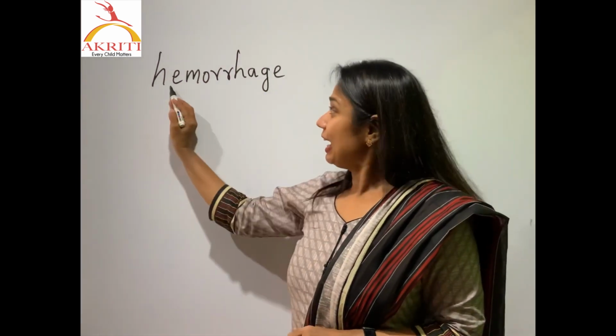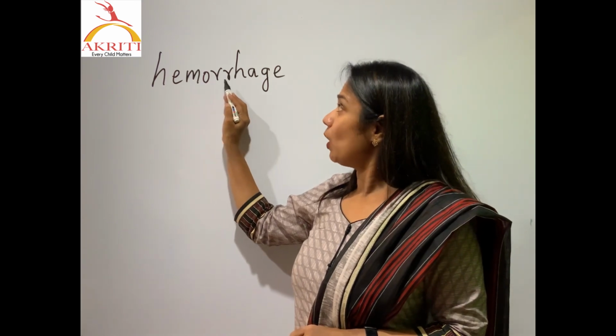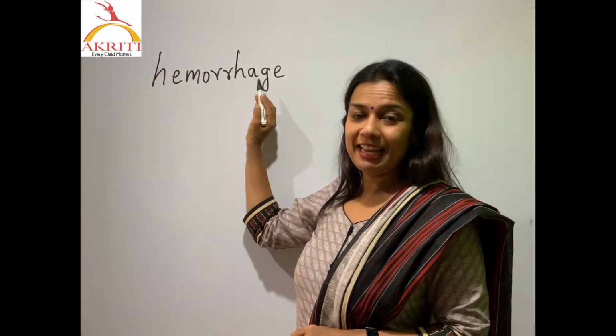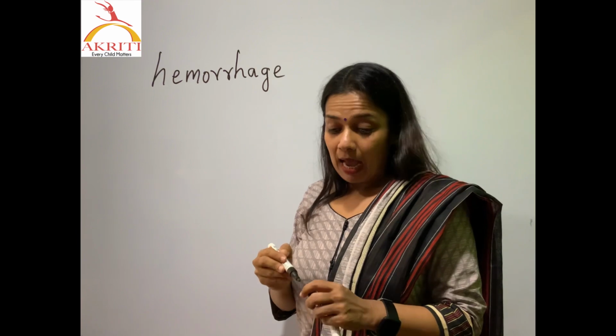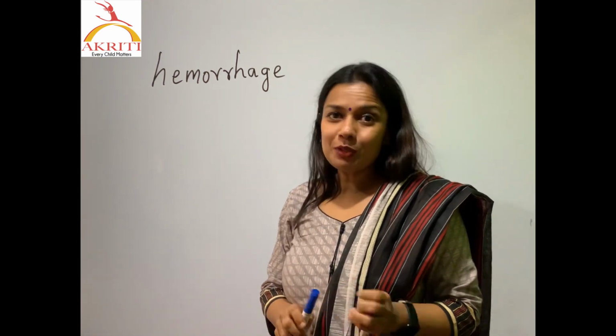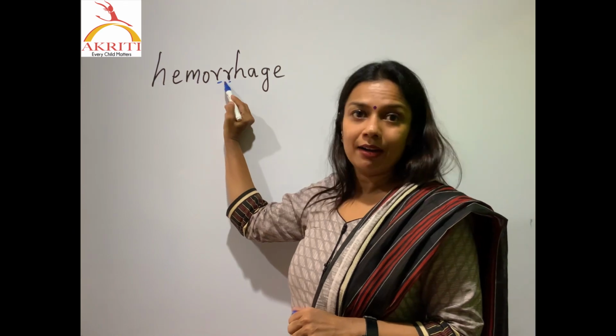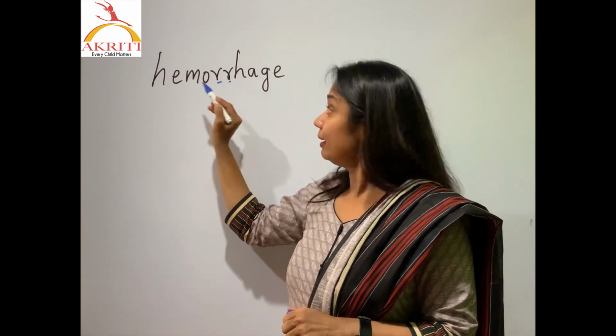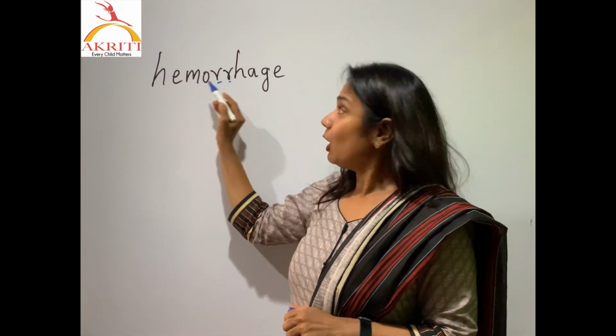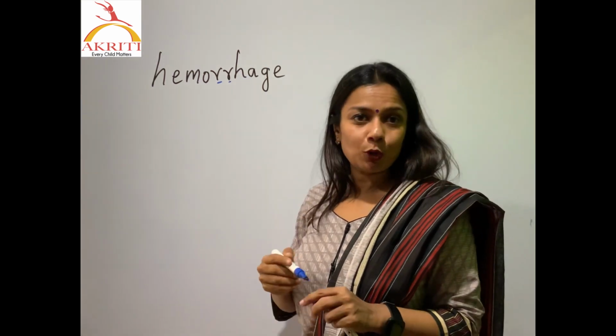Hemorrhage. I'm sure, although you all know the spelling, many of you might have given a single R instead of double R, or a double M, or would have completely missed out on the H.